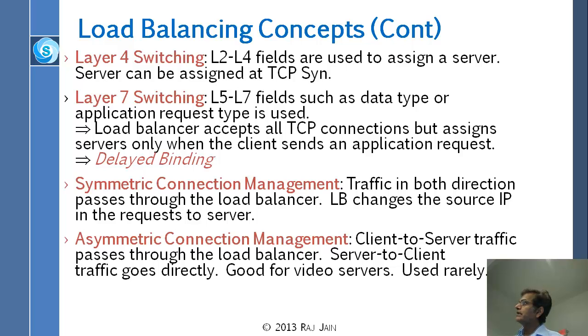If you want to do layer 7 switching, the problem is you don't see layer 7 until the TCP connection has been accepted. First somebody says, I want to connect to this server, and you don't know which server to send it to because you don't know whether they are going to send a video request or an accounting request. So you just accept the connection. Who accepts the connection?